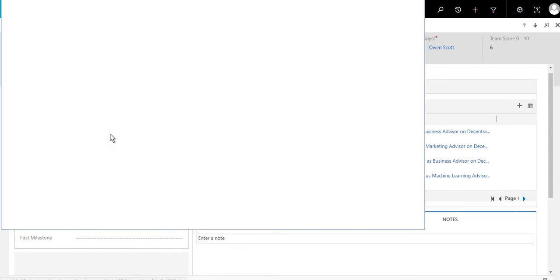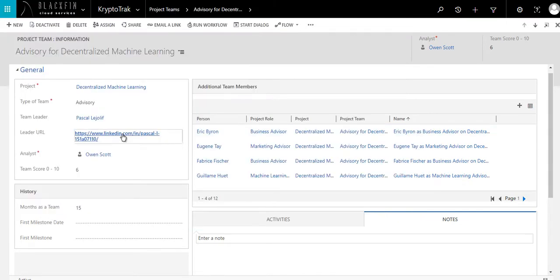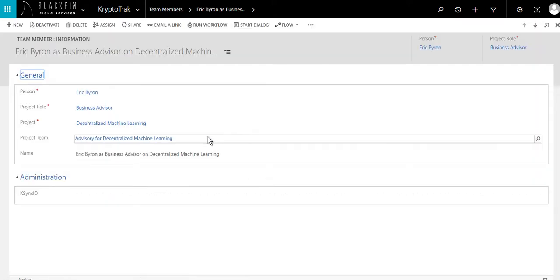And this is what I guess you could call the team leader, and it's interesting. I don't know why that's suddenly unavailable. It was available just recently, so that's actually quite interesting.